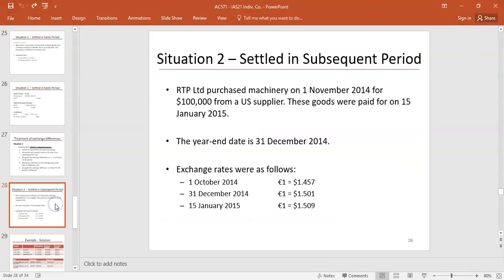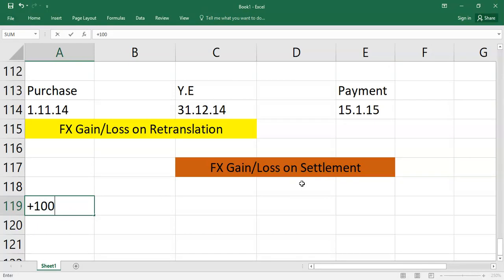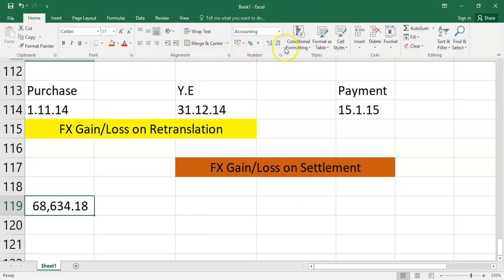The initial recording is going to be done at an exchange rate of 1.457. So $100,000 divided by 1.457 is about 68,600 euros.